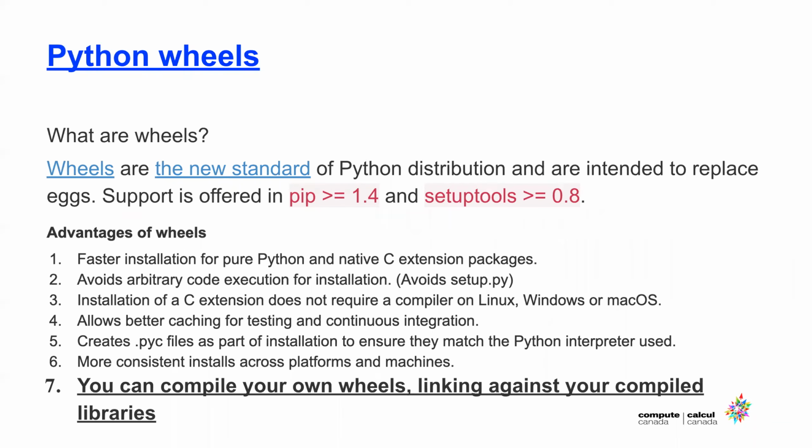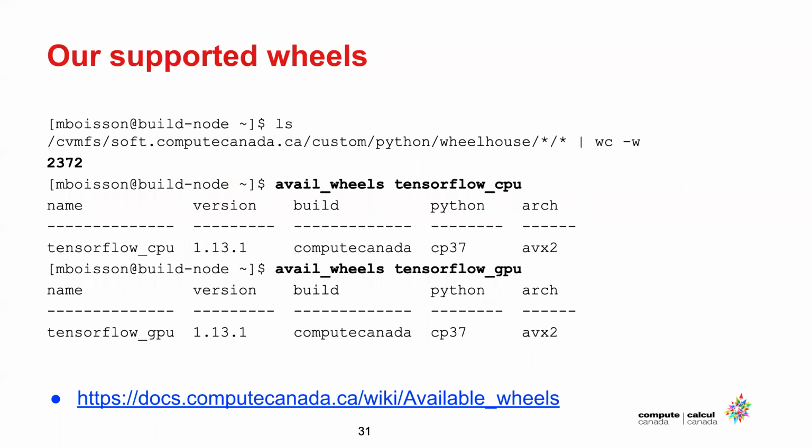Instead, what we do is we use Python wheels. Wheels are basically a binary package, such as what is offered by Yum, but for Python. And the trick is you can compile your own wheels that you will have linked against your own compiled libraries. So that's what we do.